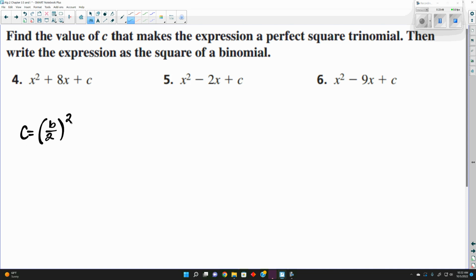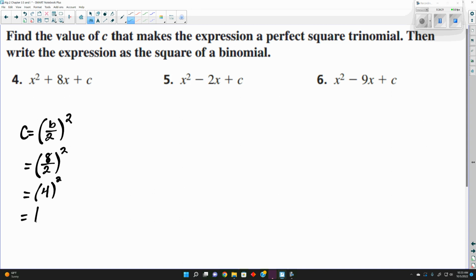And again, for this next one here, c is equal to b over 2 squared. And for this here, what is the value of b? It's 8, positive 8. So we have 8 over 2 squared. And when we factor it, this is why I don't just plug it straight into the calculator, because what's inside the parentheses before we square it tells us what it's going to factor to. And 8 divided by 2 is 4.